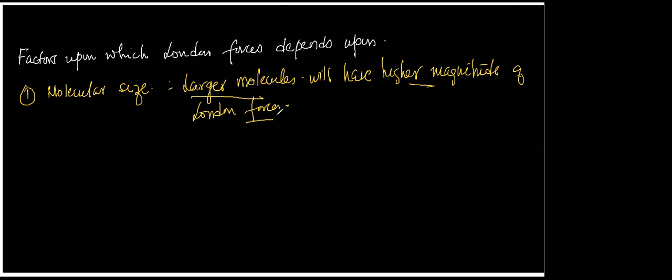Will the London forces be more now? Yes sir. That's the point. Larger molecules, lesser attraction between the electrons and the nucleus, greater fluctuations, greater London forces. Clear? Clear, yes or no? Okay.